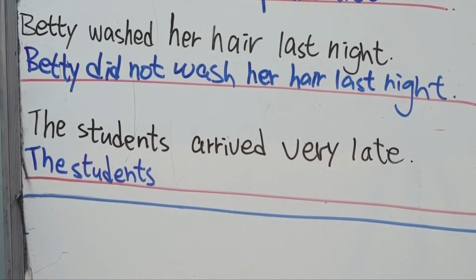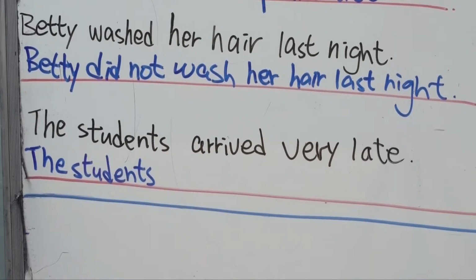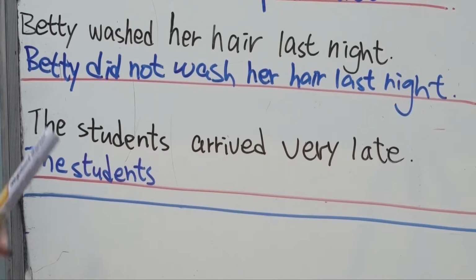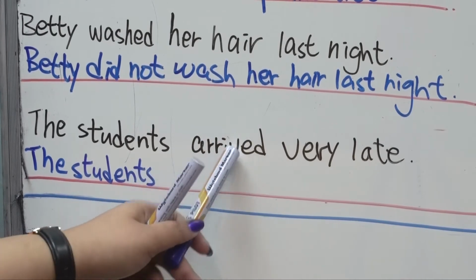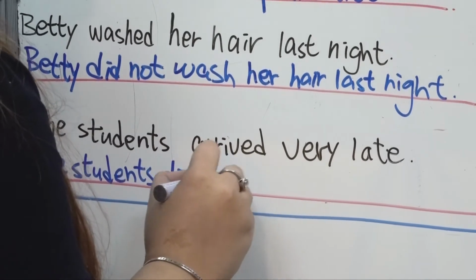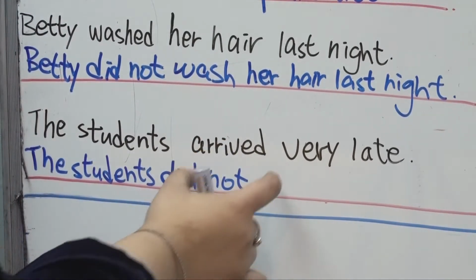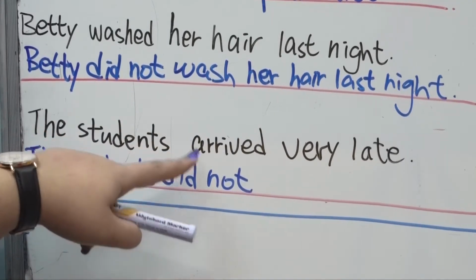The students. Which one is the action? Tell me the action first. Arrive, right? Arrive is the action. How do you make it a negative sentence? Subject and then, as always, we add did not. And the original form of the verb. Verb with no changes. Infinitive. Arrive.